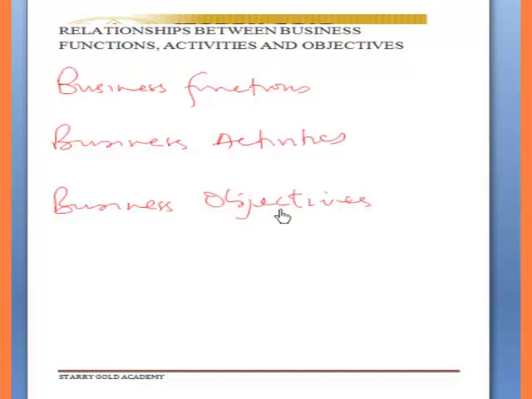Apart from that, business activities: these are the responsibilities or productive activities that are carried out by these business functions that we have identified, and I also told us that they carry out different activities based on the nature of their establishment, and their activities are different from one another. They are independent of one another, and all these functions actually work towards achieving common goals and objectives.